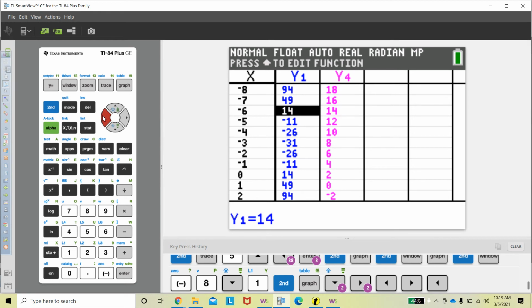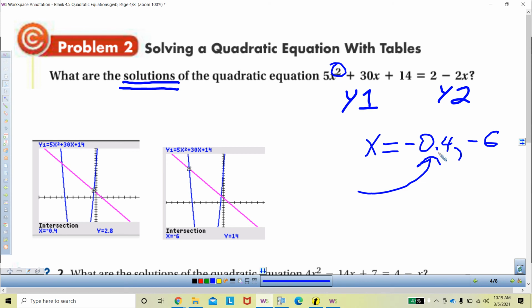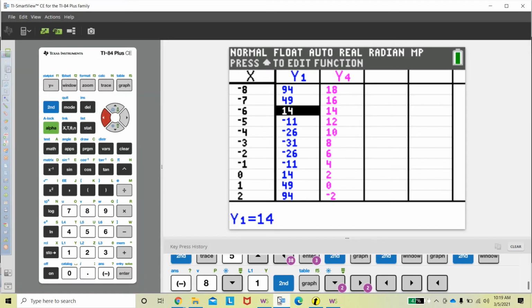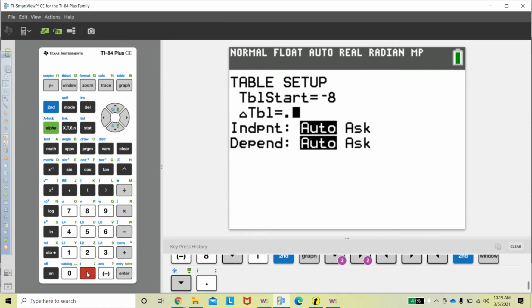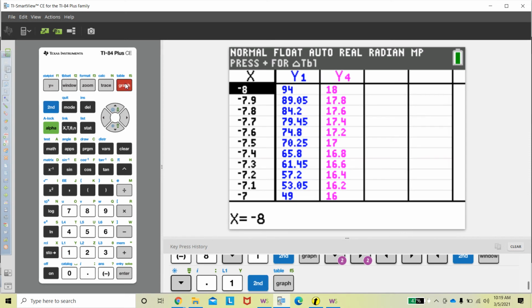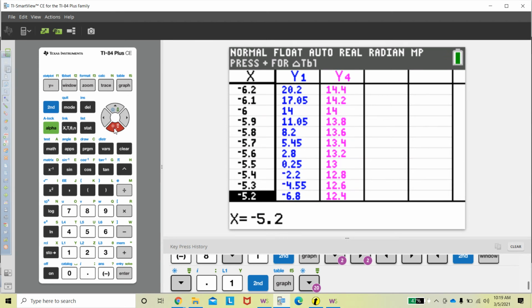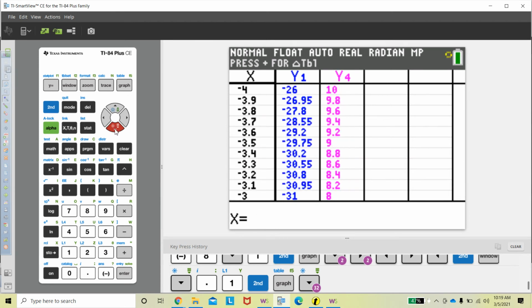So if I know one of my answers by doing it the sensible way is negative 0.4, looking at the tables, what I have to do is go back to table set, make my table go up by 0.1, which is a total pain in the neck. And then I hit second graph, and then I would have to scroll all the way down to negative 0.4.